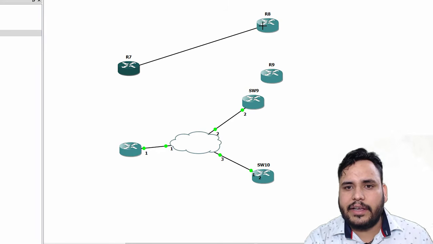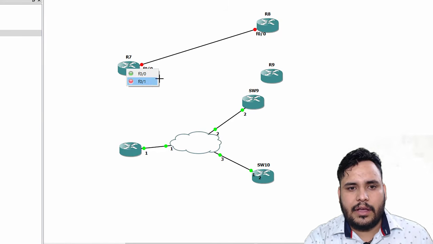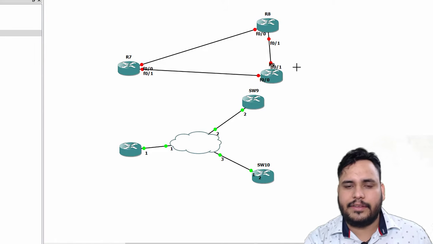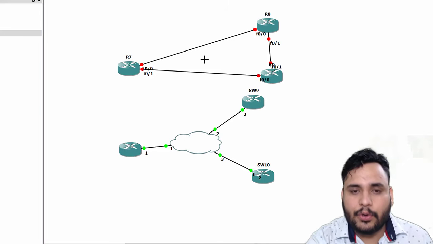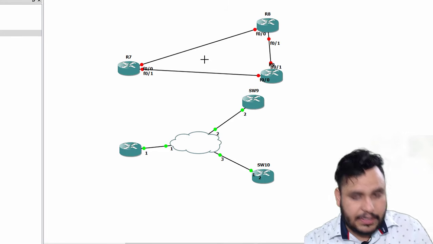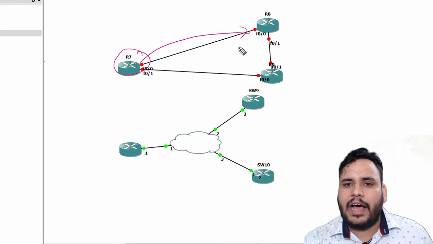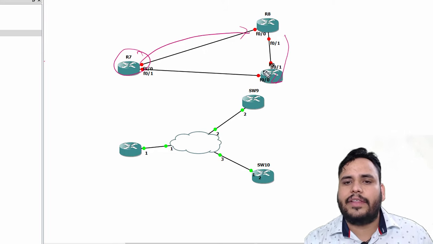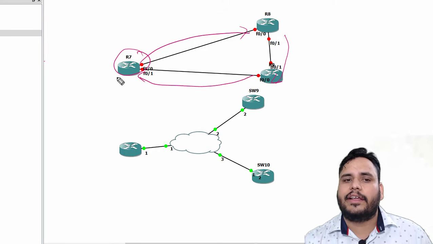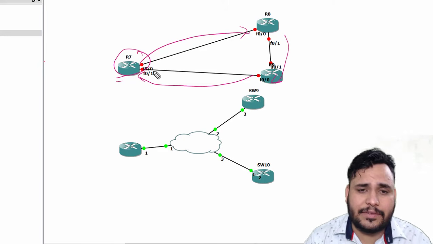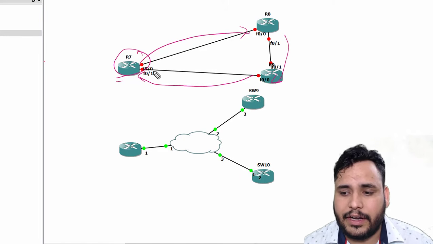We directly connect R7 to R8 and R9, like this. This is your point-to-point network, because in this network R7 is directly connected with R8, R8 is directly connected with R9, and R9 is also directly connected with R7. So we can use a multi-access network as well as a point-to-point network.